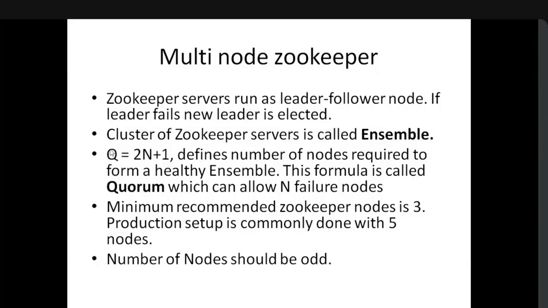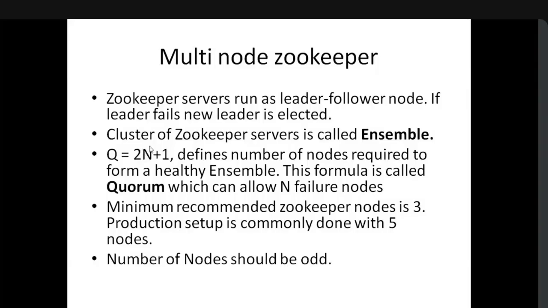In this formula, Q is called the quorum. So this quorum you can figure out. If you want to tolerate one failure, then you give the value 1 here and you will get 2 plus 1, which is 3. So a 3 node zookeeper cluster can tolerate one node failure only.